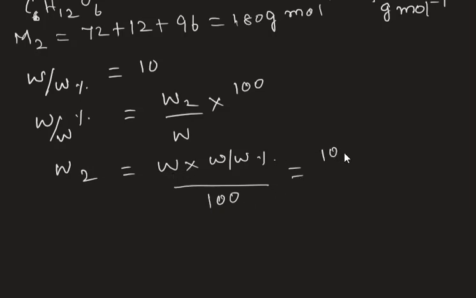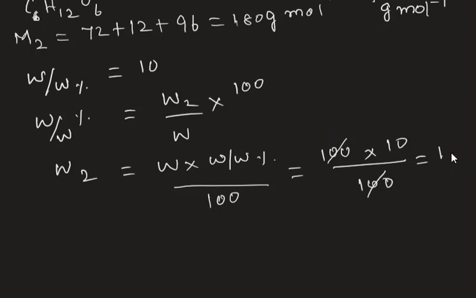That is 100, and W by W percentage is 10. Even though we know 10% means it contains 10 gram only, I just wanted to introduce this equation so that if it is 10% of, say, 150 gram, you should be able to work it out.